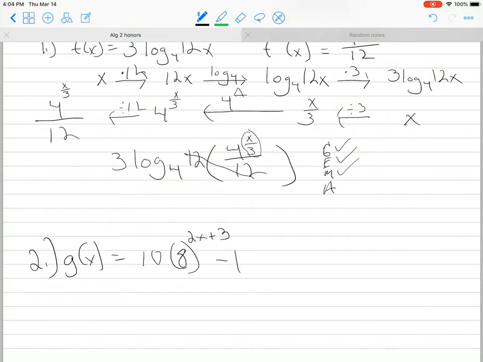So I have 3 log base 4 to the x over 3. Okay? Looking at x, I see it divided by 3, but I see this inverse, this base 4 and the 4th power. Those are inverses, so those cancel each other out. So I have 3 log x divided by 3.